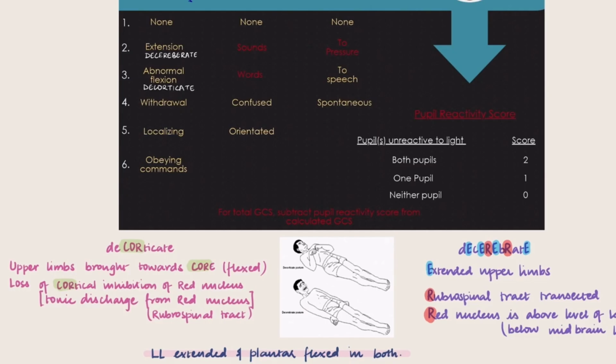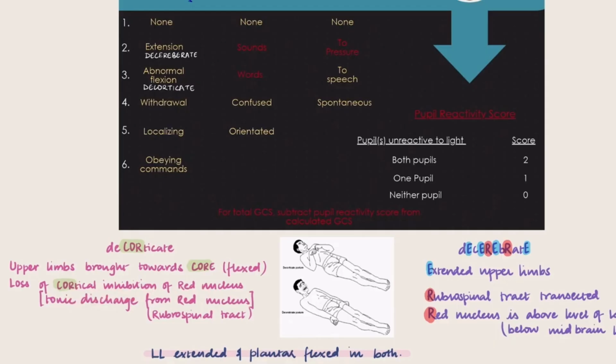So, since the lower limbs are the same in both the images, we need to look at the upper limbs for an easier diagnosis when it comes to a picture or a patient that we're seeing in front of us. The decorticate posture is because of loss of cortical inhibition of the red nucleus via the rubrospinal tract.